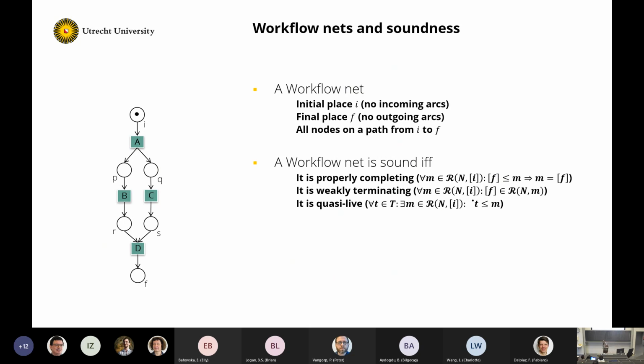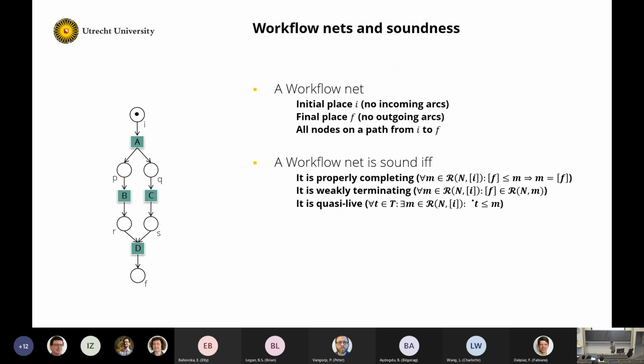And then the property that we all love is when the workflow is sound. It should be correct. And what does it mean? It means 3 things. The first one is it's properly completing. So that means if I reach my goal, I am at my goal and there's no work left. The second property says weak termination. It's always possible to reach my goal.